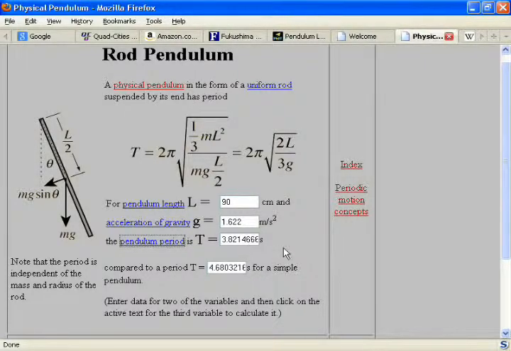Now there's a couple issues here to talk about. The question arises, well, why are we getting 2 seconds when it really should be on the Earth? Let's plug this back in again, acceleration of gravity for the Earth, 9.8. On the Earth, it should be about 1.6 seconds.